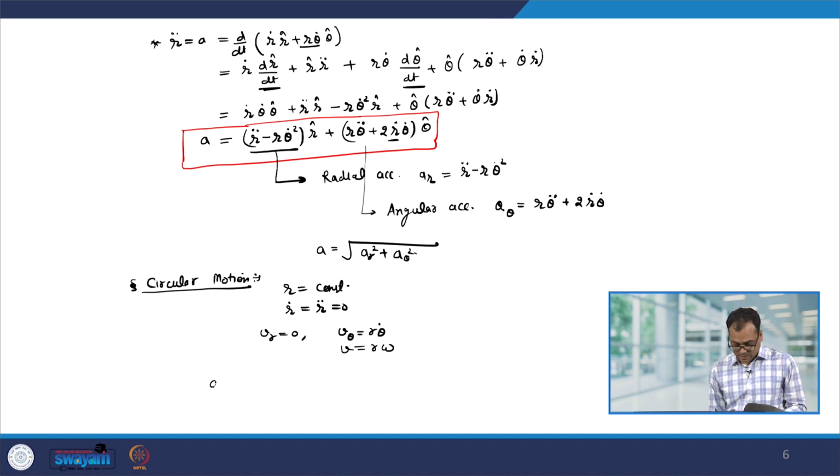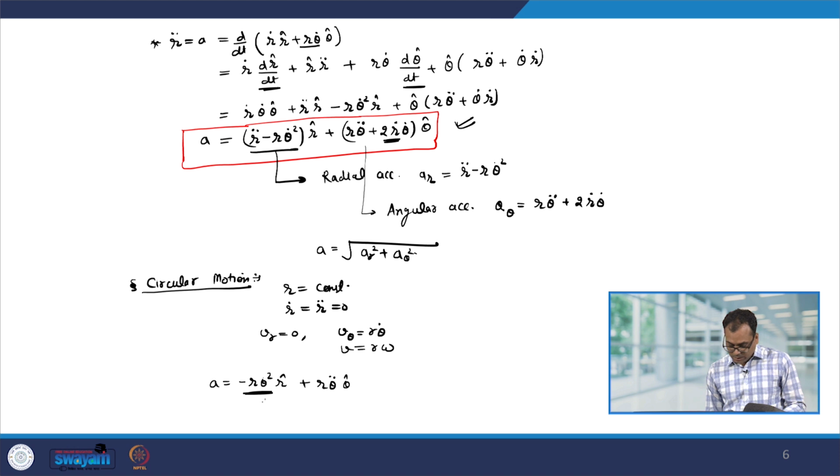Now, let us look at acceleration A. Let us look at this expression. Here r dot will be 0. So, you have minus r theta dot square r cap, plus this term will be 0. So, you will have r theta double dot theta cap.